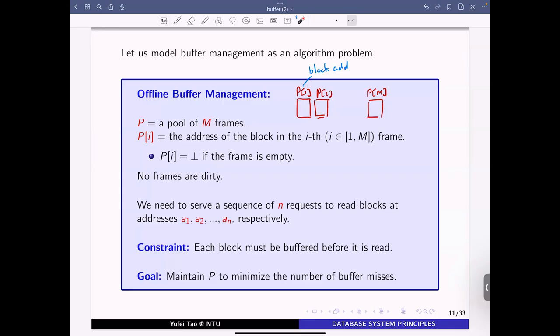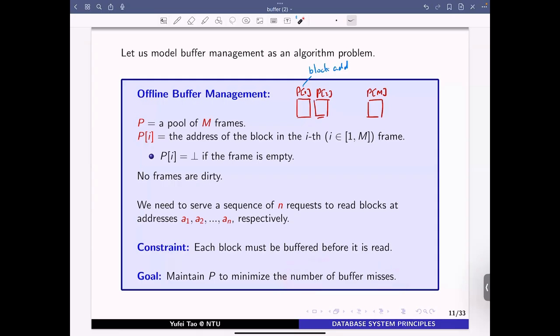The block itself will have to go into one of the frames before you can say I have served the request. So we want a strategy to manage our pool in order to minimize the number of buffer misses.